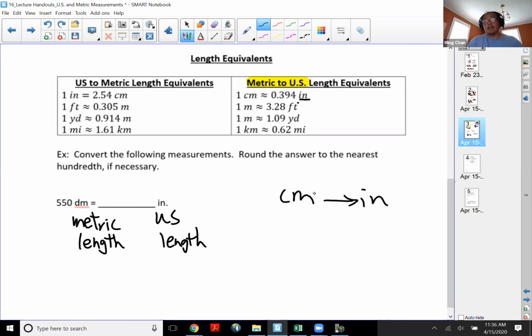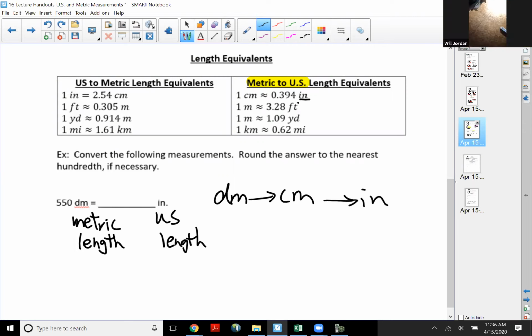So then if I'm tracking this backwards, I need to ask myself, okay, can I go from centimeter back to deci? Now this is where things get tricky. Can I go from deci to centi? I know I can go from centi to inch.